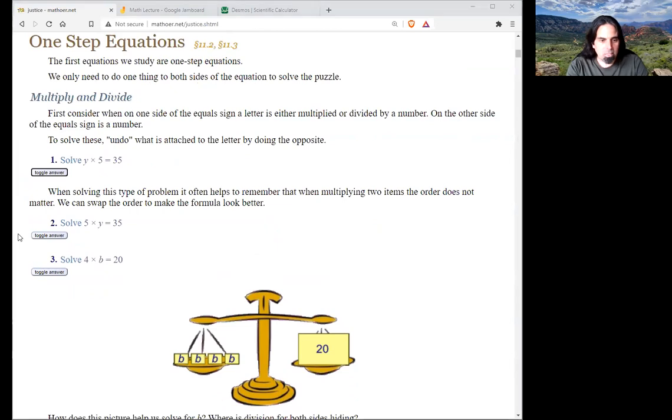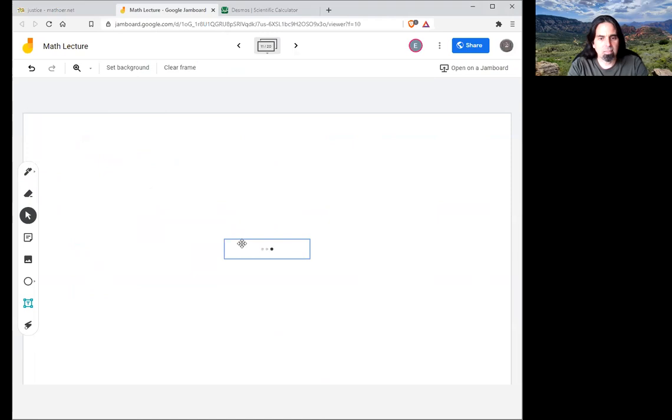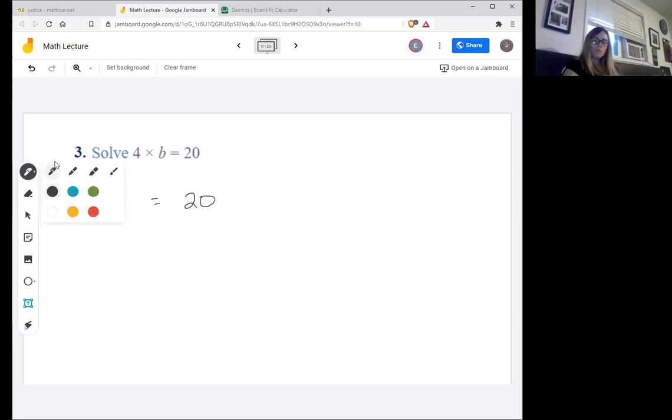Let's do another one. So 4 times b equals 20. How would we get b by itself? What's the opposite of a times 4 stuck on something? Divided by 4.